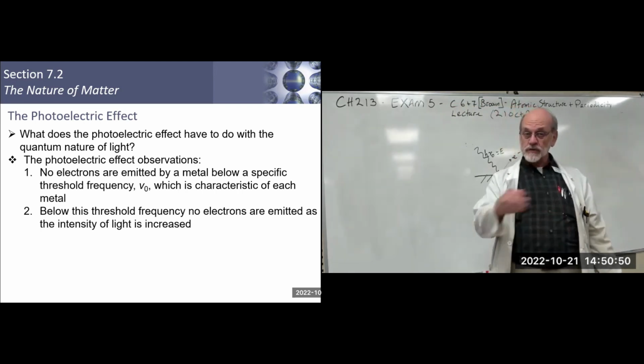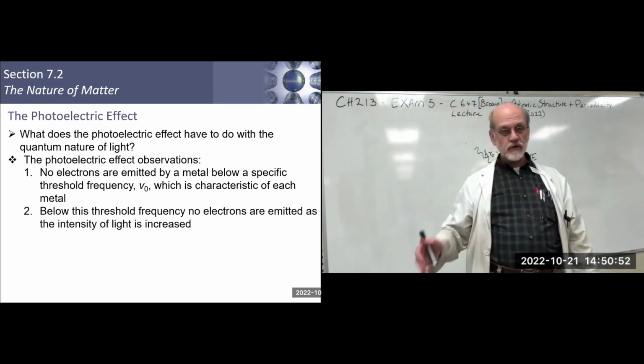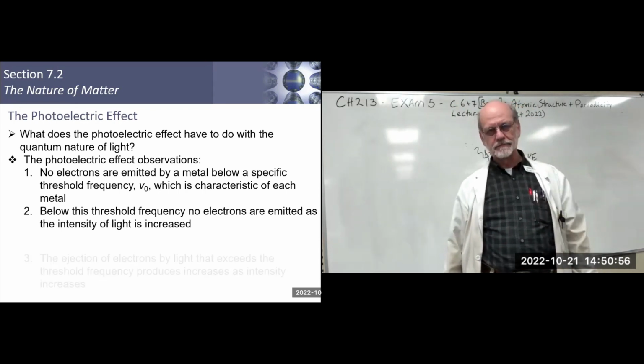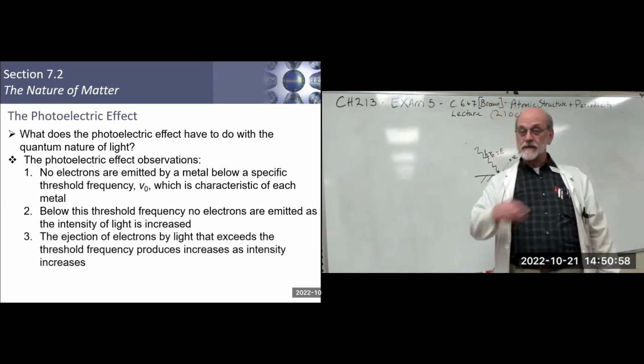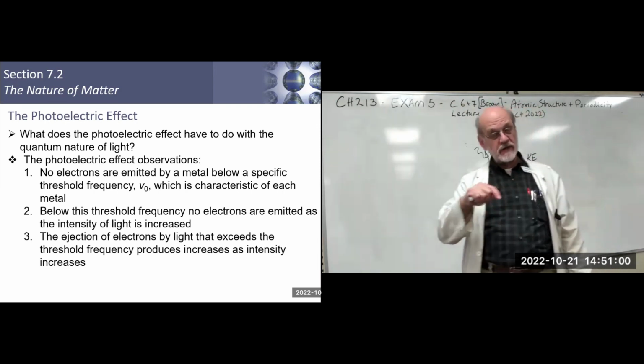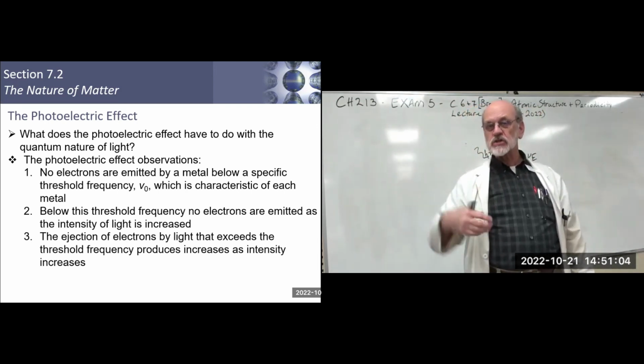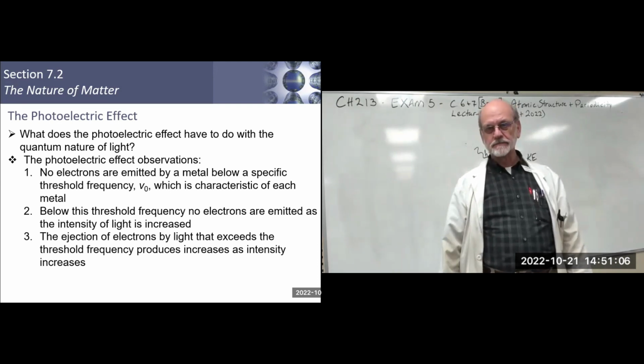Okay, so below this threshold frequency, no electrons are emitted. It doesn't matter how intense the light is. If light were strictly wave and nothing else, then a more intense beam should eject electrons.